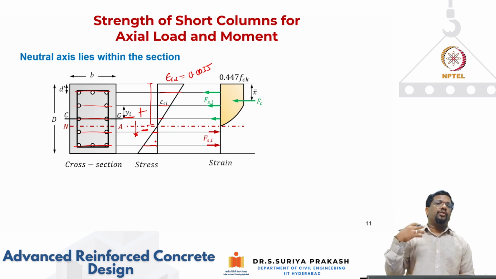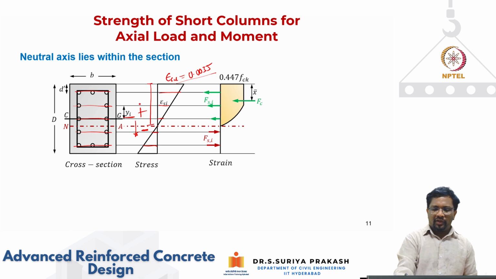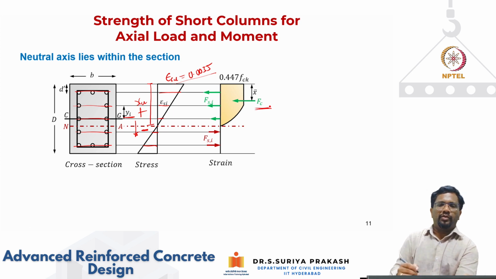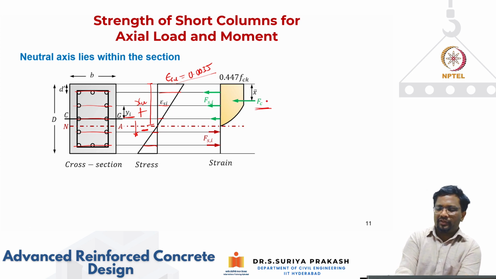I need to calculate what are the strains in the steel. Anyway, we are assuming a linear strain profile. So if I know epsilon cu and if I take xu, then I can find out the strain distribution at all the locations, right? And we know what is Fc. For a rectangular section like what we have seen here, Fc is equal to 0.36 fck times b times h, right?